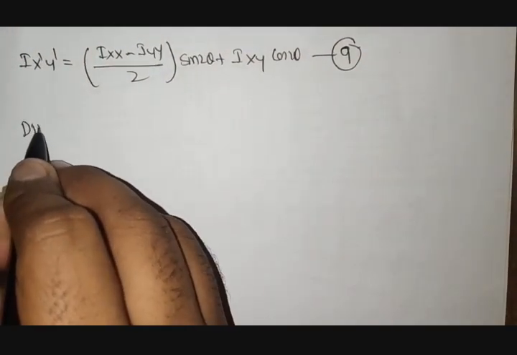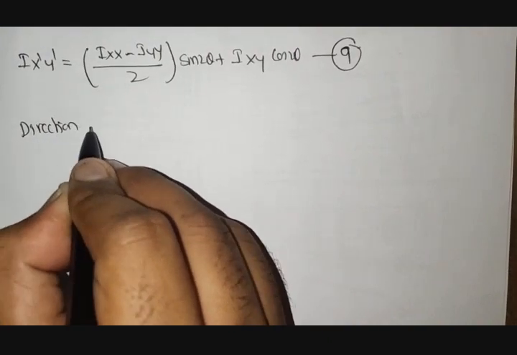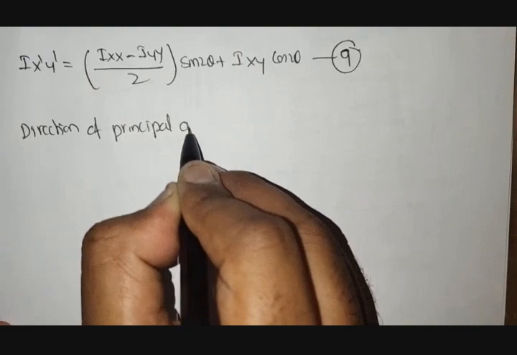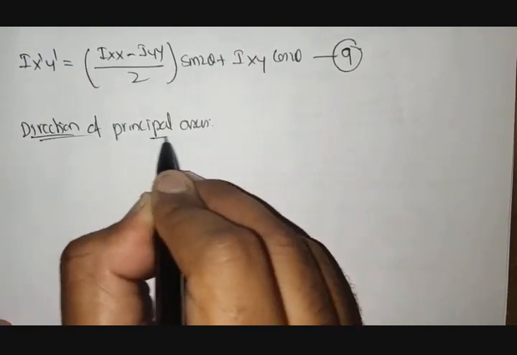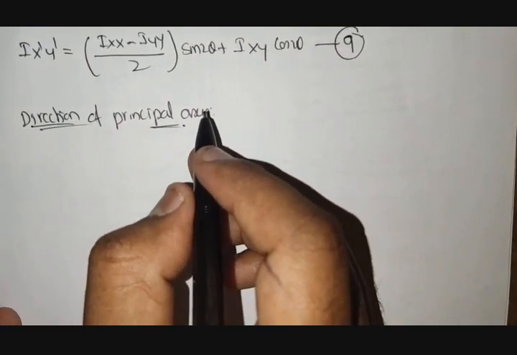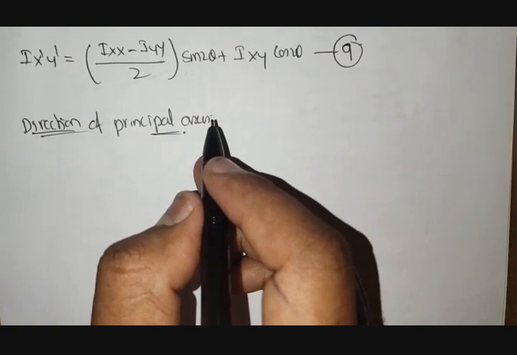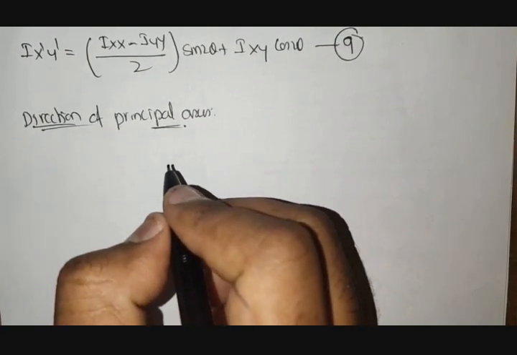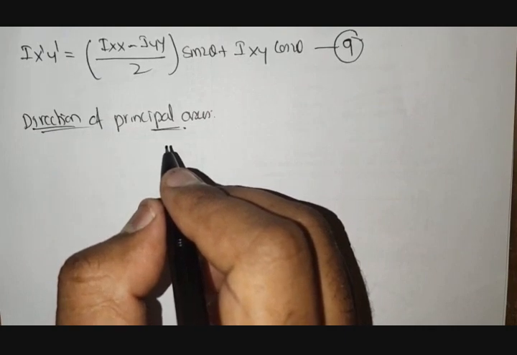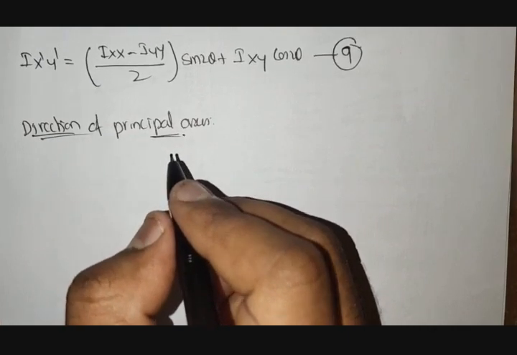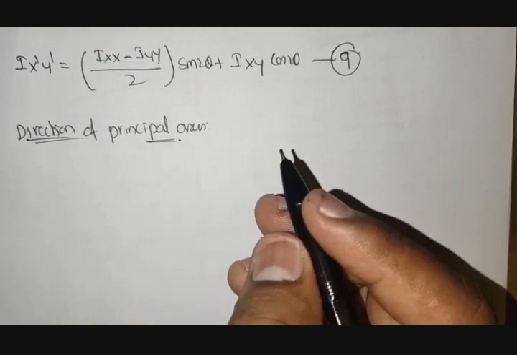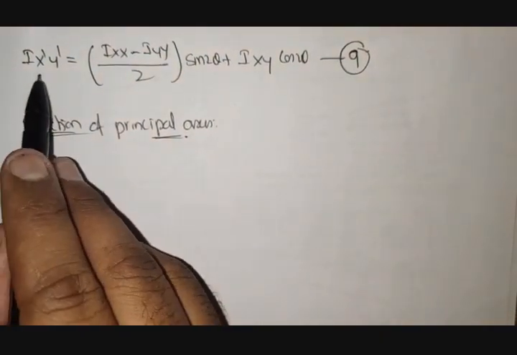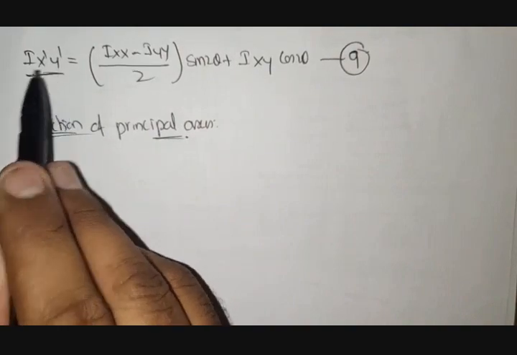So the direction of principal axis. What is a principal axis? The principal axis is the axis for which the product of inertia becomes 0. The product of inertia is nothing but Ix'y'.